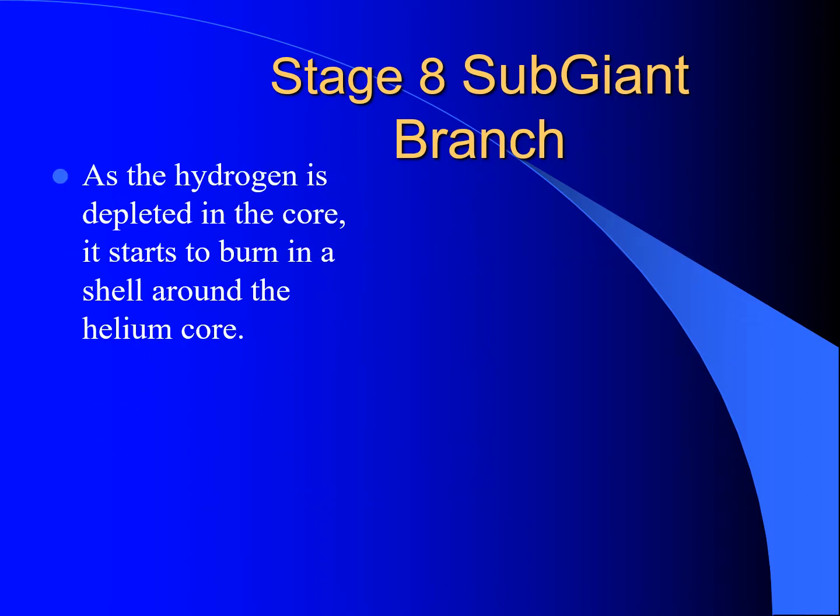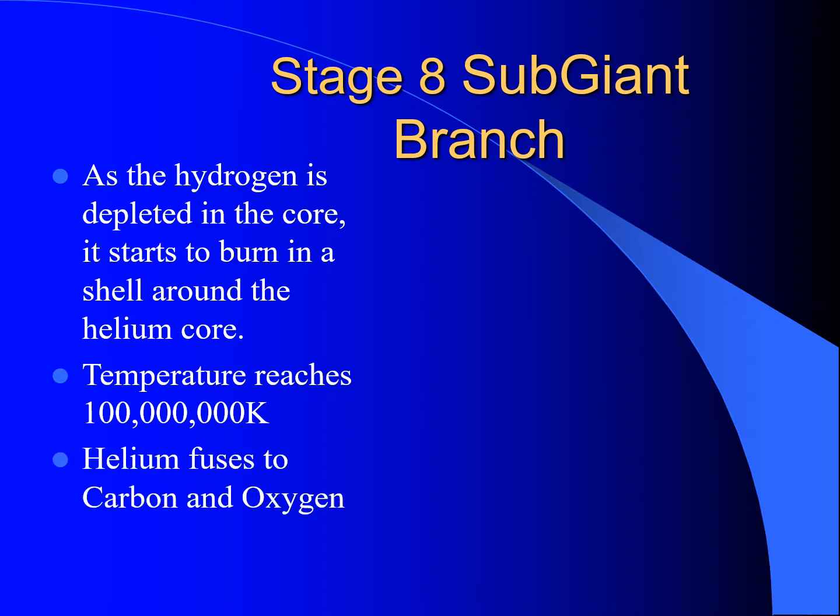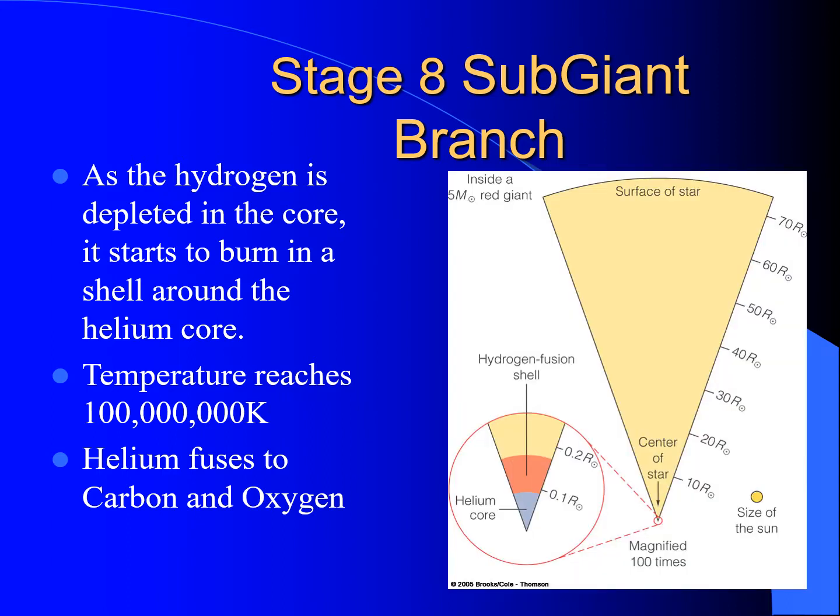Okay, as the hydrogen is depleted in the core, it starts to burn in a shell around the helium core. The temperature reaches about 100 million Kelvin, but it also gets up to about 500 million Kelvin initially. At that point, the helium can actually start to fuse into carbon and oxygen.